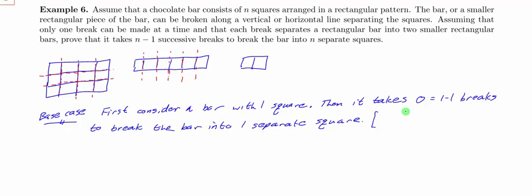And so if you wanted what feels like a more satisfying base case, then you can also state it for n equals 2. You do want to start this at 1 because it is possible to have a chocolate bar with just 1 square in it. But for a bar consisting of 2 squares, it takes 1 break, which is equal to 2 minus 1.